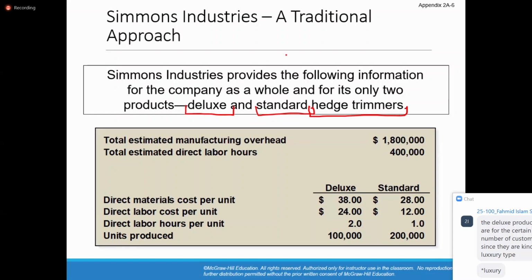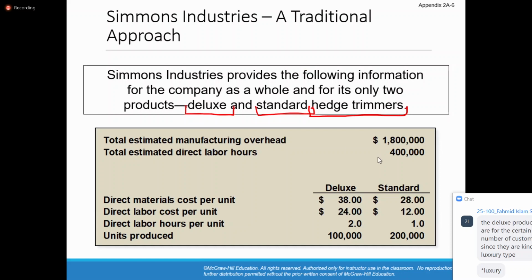The simple answer is that demand for deluxe product is likely to be lower compared to the standard product. Obviously, you look at demand first, then you look at cost, right? That is the way that we usually proceed. We do not look at the cost first, we look at the demand first. Okay, good.